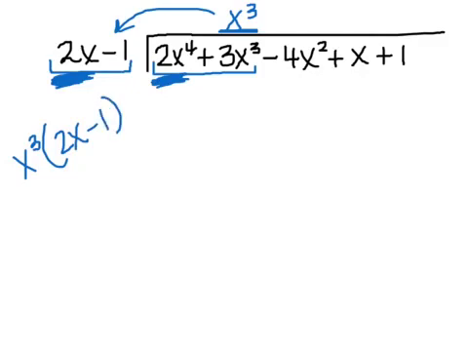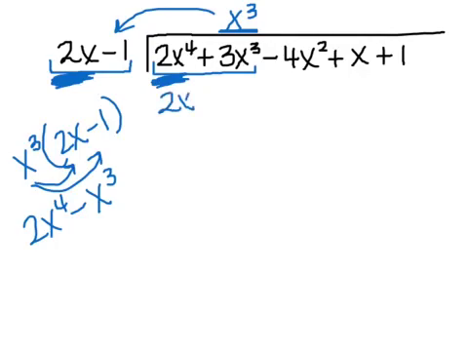When you multiply x to the third times 2x minus 1, you distribute it, and you get 2x to the fourth minus x to the third. That is what you're going to write underneath here: 2x to the fourth minus x to the third.